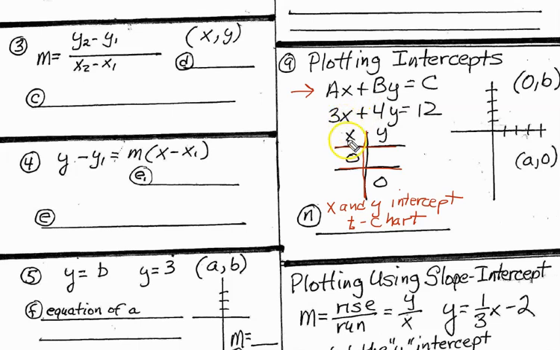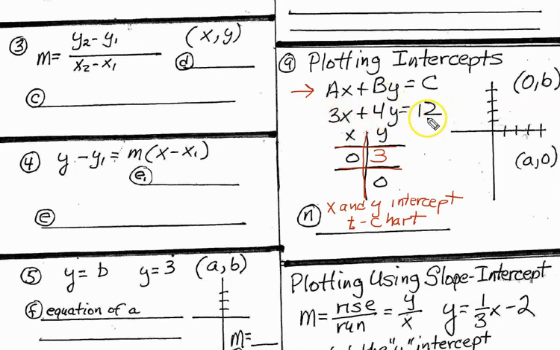Now, if you put a 0 as the value for x here, 3 times 0 is 0, you get 4y equals 12. If you solve for y, divide both sides by 4, y here is going to be 3. Now, if y is a 0, 4 times y is 0, you now get 3x equals 12.